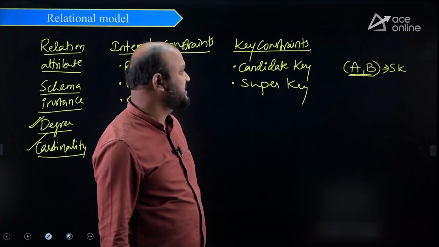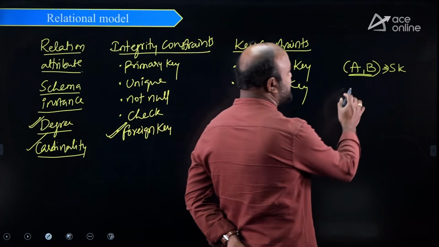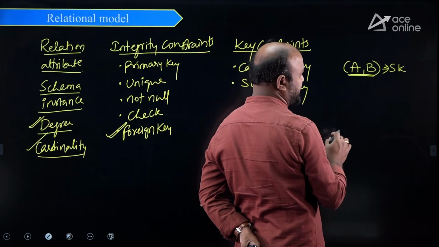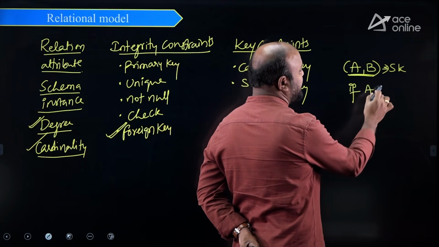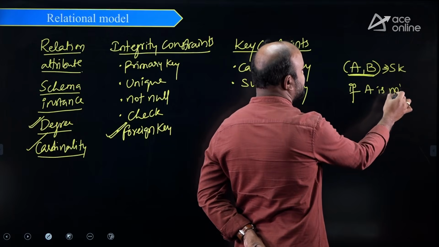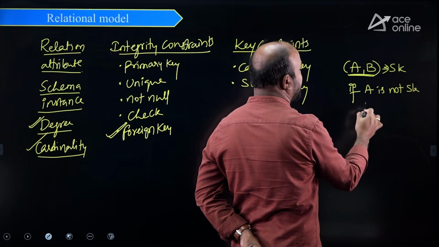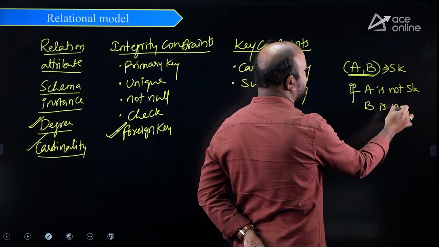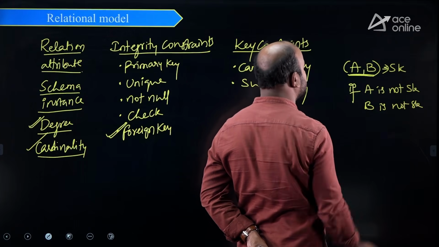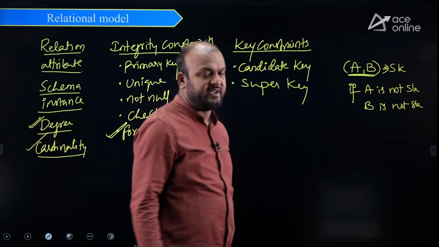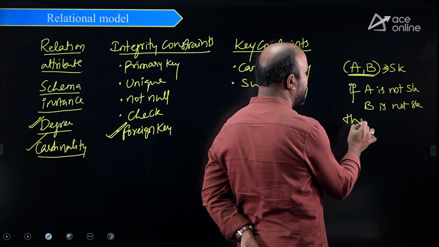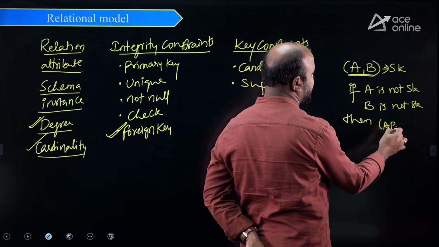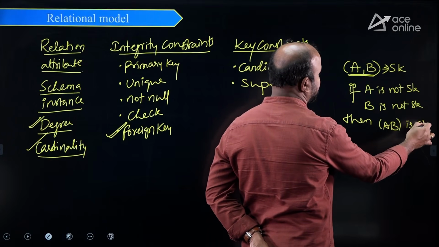I can say AB is a minimal super key if A alone is not a super key and B is not a super key. If A is not a super key and B is not a super key, then AB is called a minimal super key. That minimal super key is called a candidate key.